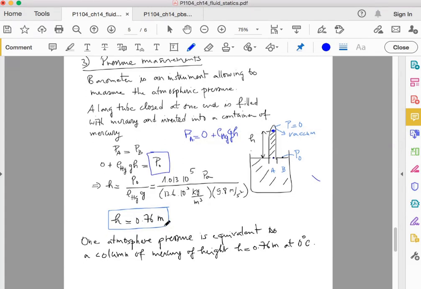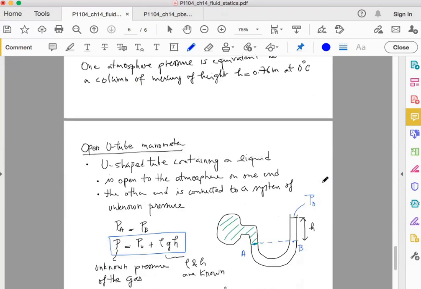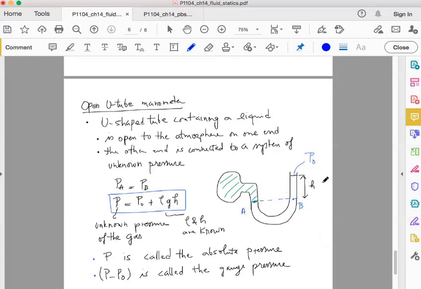So when we usually use this barometer, we measure as follows: we see how high the mercury is in this tube, and from this H we put it inside this equation and we can deduce the atmospheric pressure. And of course vice versa, both cases are correct.